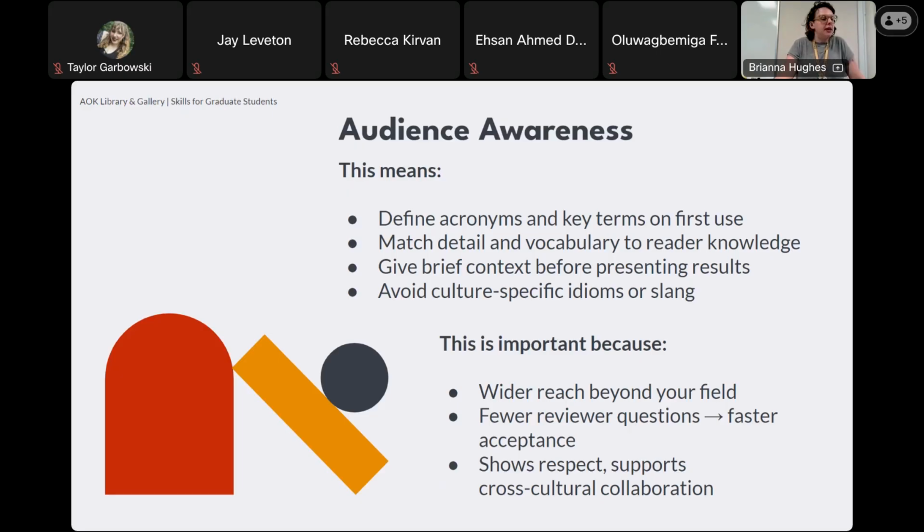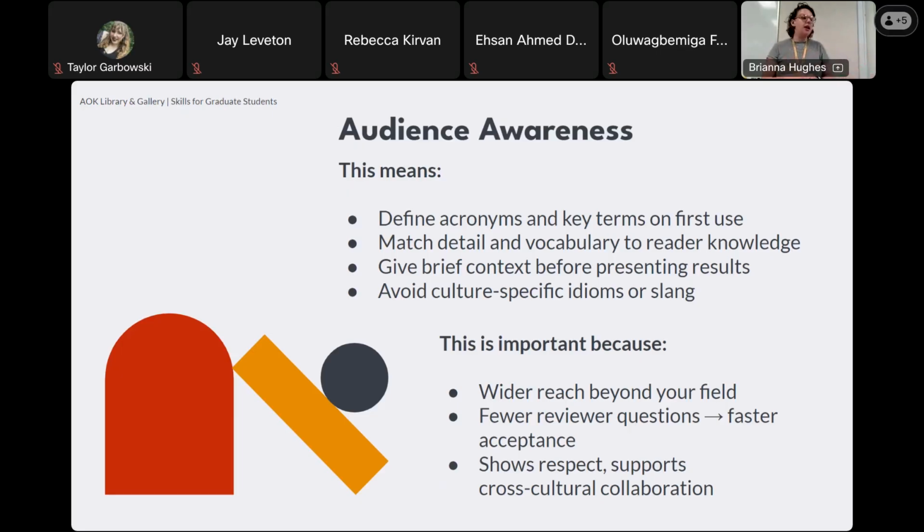I think that's going to be, for me, the gist of this workshop: making sure that your writing is as accessible as possible. That can mean a lot of different things. I don't necessarily mean just visually or physically accessible, but also that the language is accessible and the content is accessible.